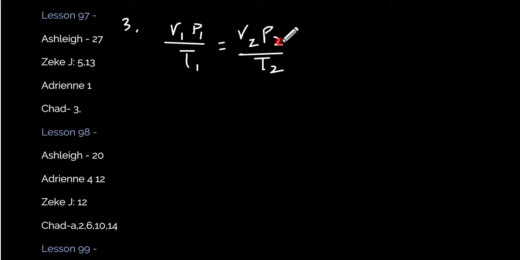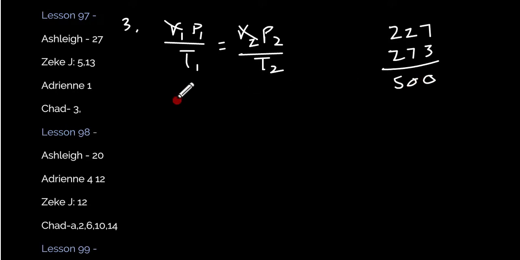It says that the volume was held constant. You don't have to put the 7.4 liters in, you can just cross it out. The tricky part here is you have to add, it tells you to add 273 onto the temperature. So the temperature T1 is 227, and we need to add onto it 273. So we are going to get 500.